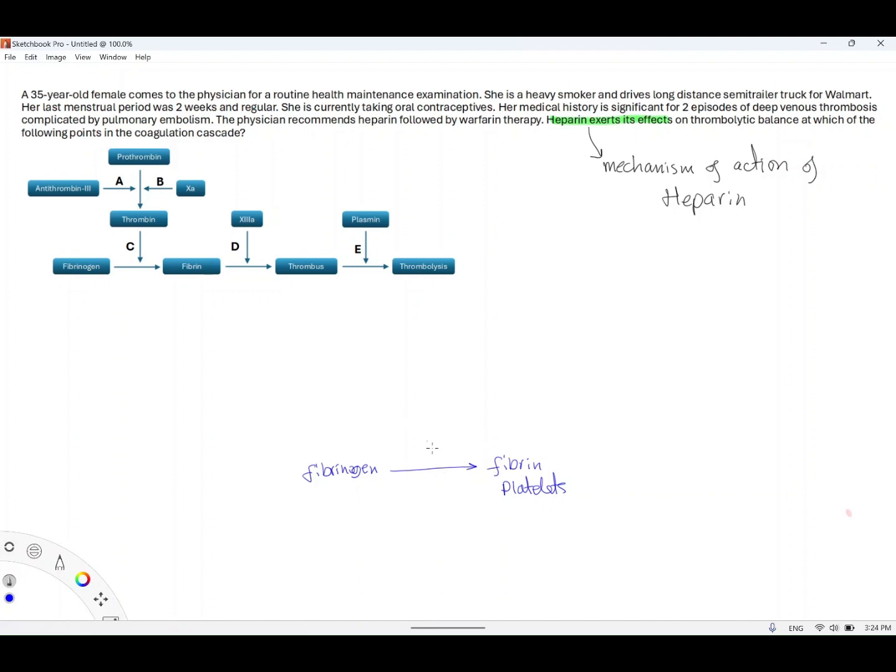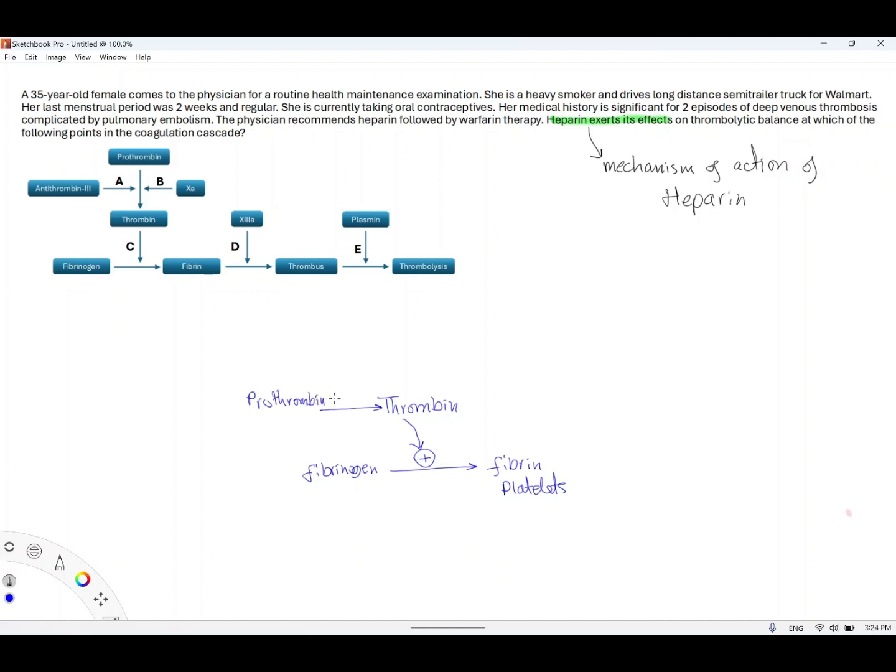What is it converted by? Well, the main protein that converts fibrinogen to fibrin is called thrombin. I'm giving you the overall picture, not all the details. And thrombin comes from prothrombin. Again, prothrombin is the inactive version of thrombin.